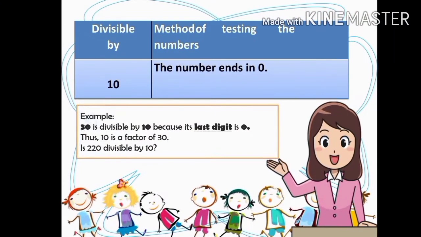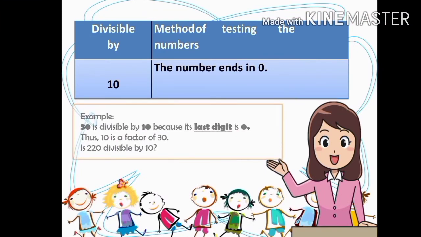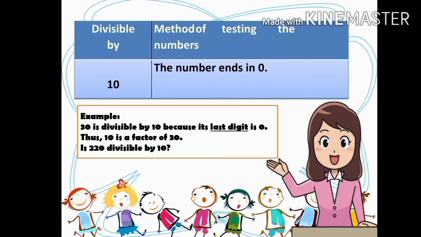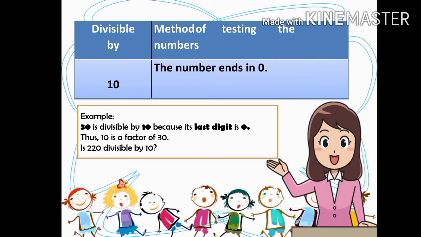To find if a number is divisible by 10, we have to make sure that the number ends in 0. For example, 30 is divisible by 10 because its last digit is 0. Thus, 10 is a factor of 30. Question: is 220 divisible by 10?